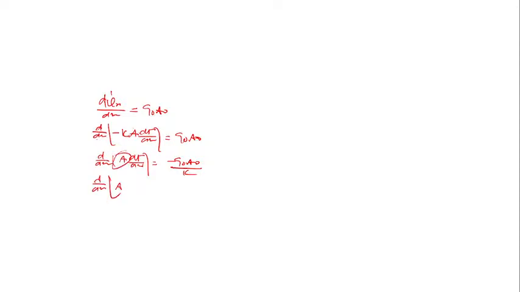What is area? A naught into e to the power ax into dT upon dx is equal to minus q naught into a naught upon k.